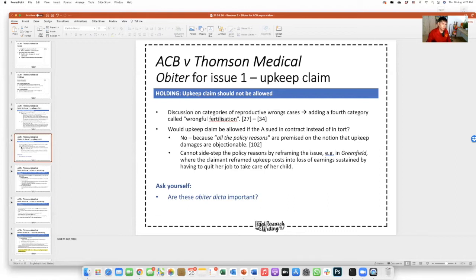So again, if you were to ask yourself, why did the court say no to upkeep claims? This whole discussion on reproductive wrong cases adds nothing tangible to the court arriving at that decision. And I think the court actually delved into this discussion on reproductive wrong cases because it felt like it needed to slot its current decision into one of these existing categories, right?